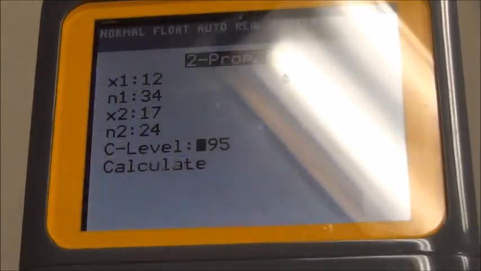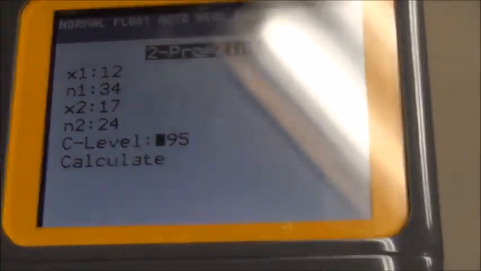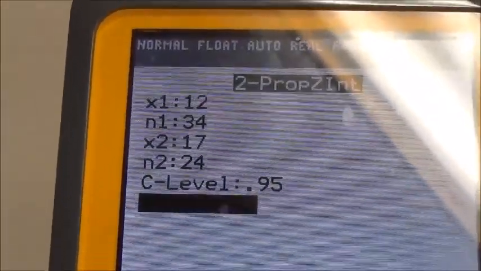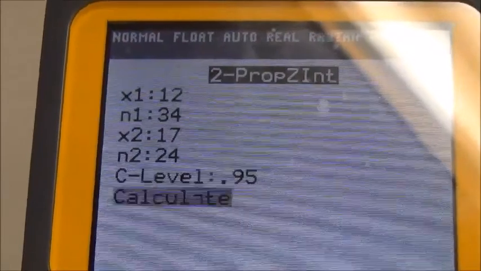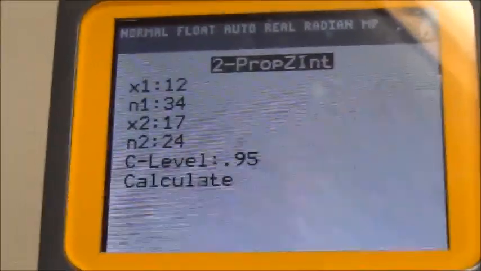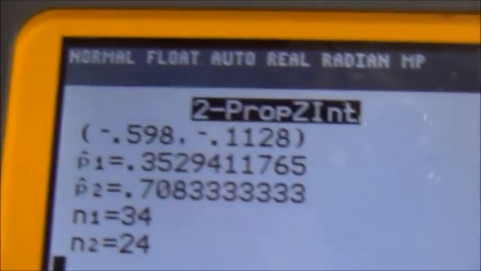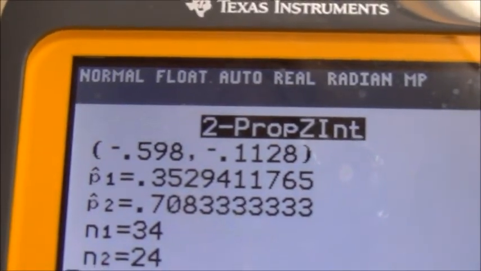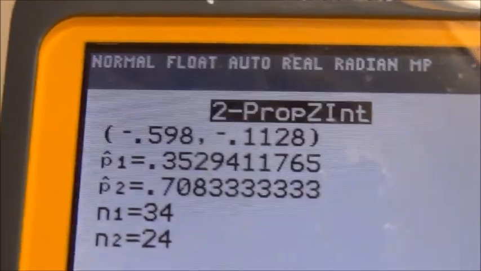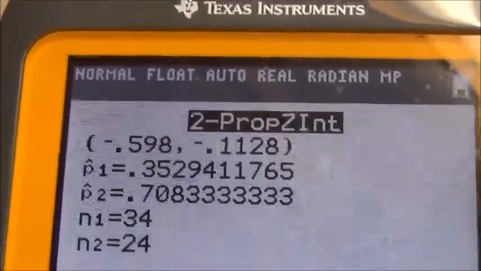And then you're going to put in your confidence level, which on this one was 95%. So I've already got that in there. X1 is how many out of the total number, X2, how many out of the total. And again, I'm going to hit calculate on that. So I'm going to enter. And we can see that our confidence interval is from negative 0.598 to negative 0.1128.